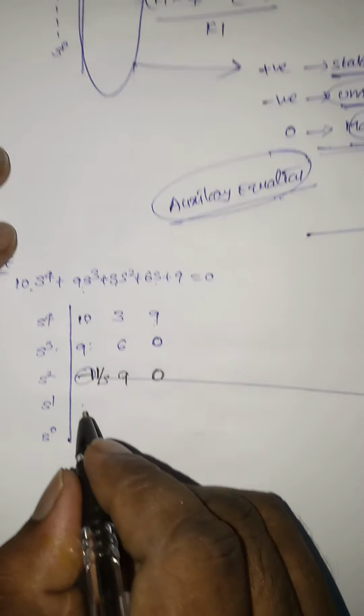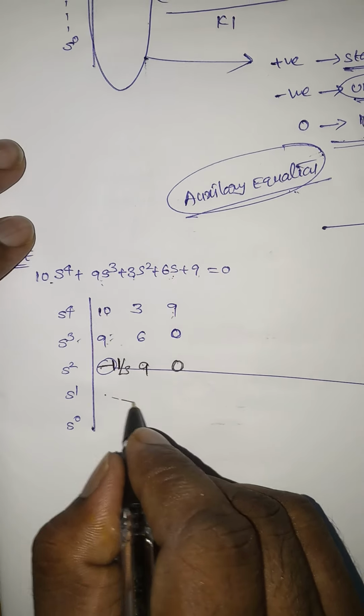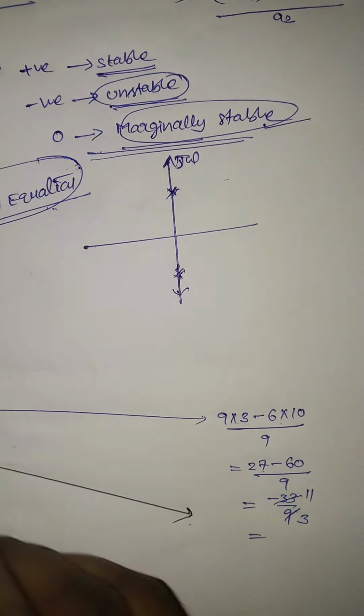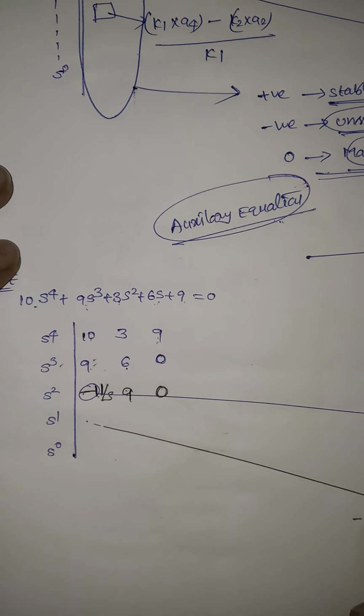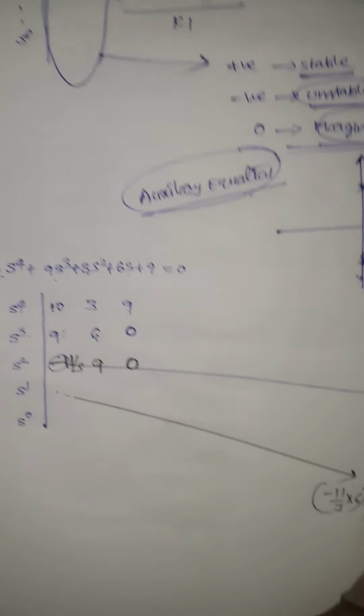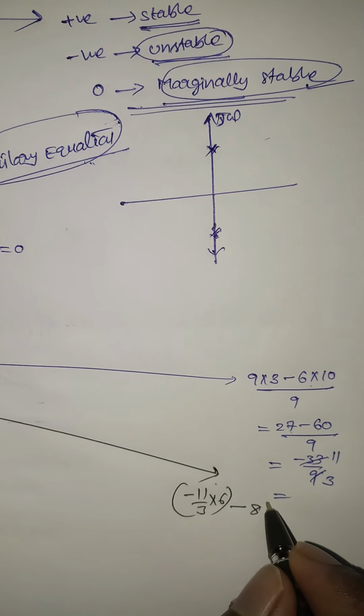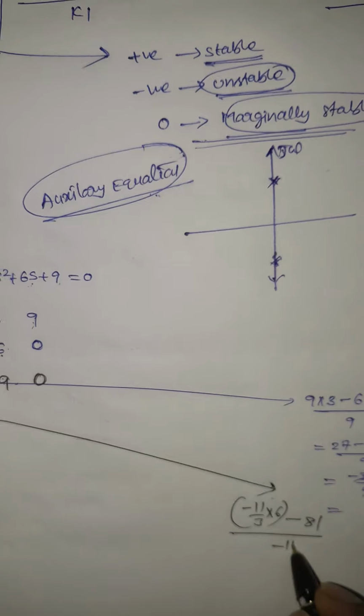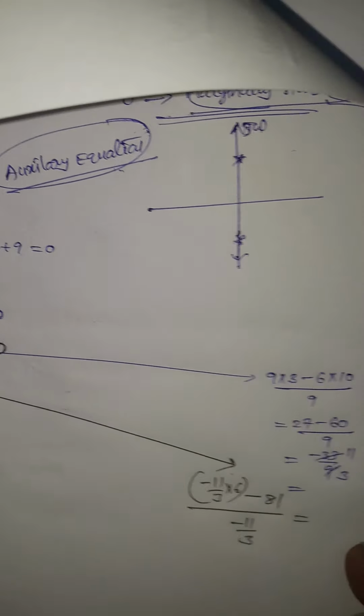Next, this element can be found out like this. So this is minus 11 by 3 into 6 minus 9 into 9, 81, divided by minus 11 by 3.